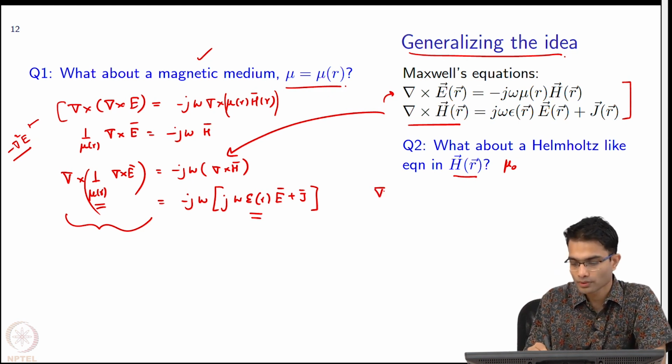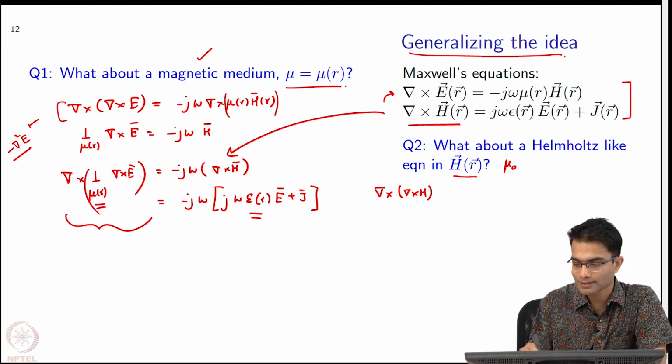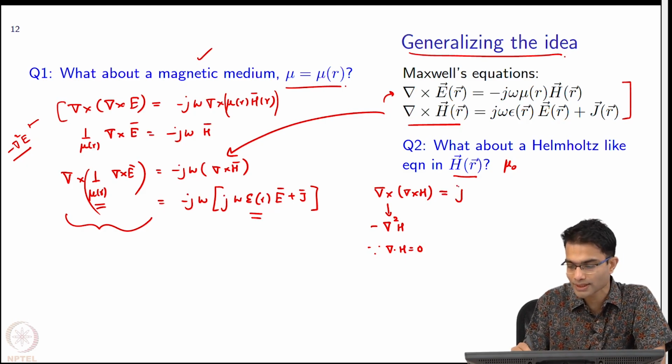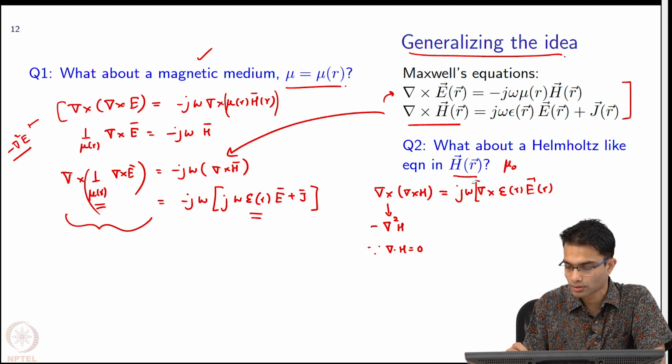So if I do, I have to do this, right? Del cross H. That's what I have to do. And since mu naught is just constant, then this would give me minus del squared H, because del dot H is equal to 0. But what do I have on the other side? I have a j omega curl of epsilon r E. Let's write this.